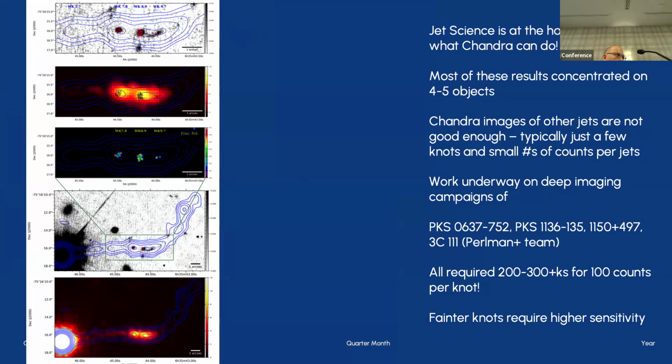The vectors that you see there are the HST polarimetry. And yeah, so Parks 0637 is also synchrotron. But interestingly enough, we don't see optical polarization everywhere. We only see it at the leading edges of the knots. That's really interesting.